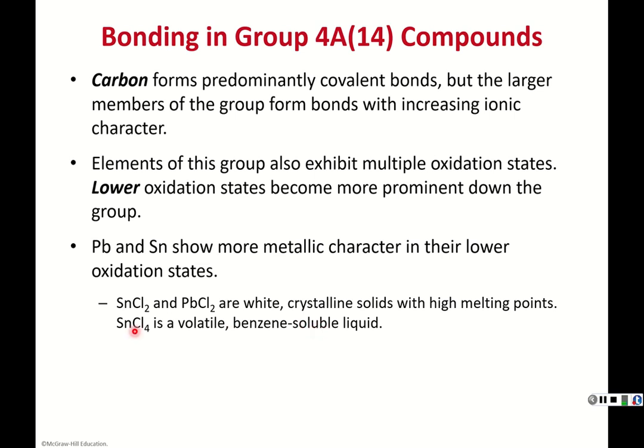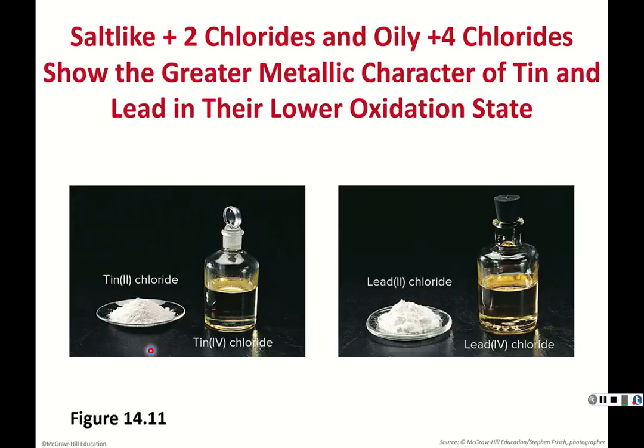So it's a liquid, not something that acts like it's ionic at all. Here's just a picture of that with both tin and lead. So the +2 oxidation state forming a chloride is ionic, and the +4 oxidation state forming a chloride is kind of like an oily liquid.